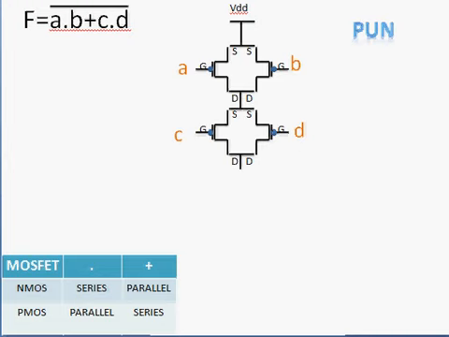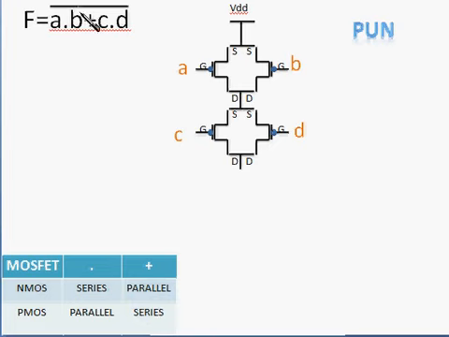Now we have to implement the pull down network. For A dot B, we know that in the pull down network we use only NMOSFETs. Therefore for the dot operation, NMOSFET dot operation, it must be a series connection. Therefore A and B come in series, and for the plus it is parallel.